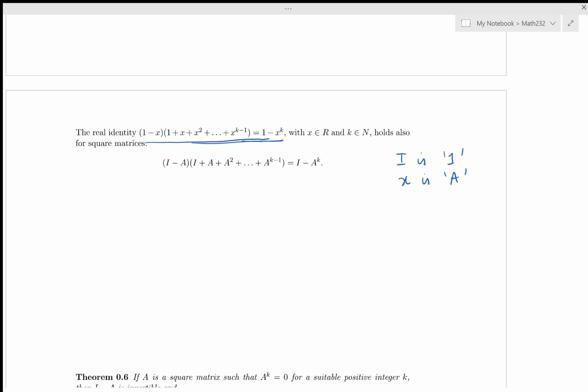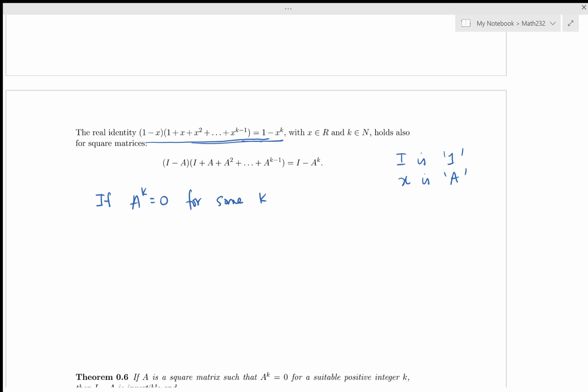Now let's imagine the case, this doesn't have to happen, but suppose A to the k is equal to 0 for some k. We can take A, then A squared, and maybe not all the entries are 0. Then A cubed, and maybe not all the entries are 0.